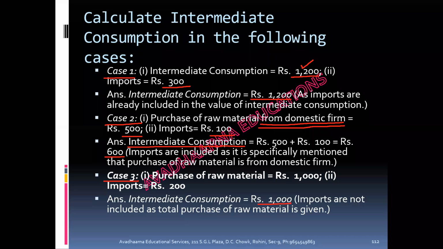थर्ड केस में बेटा परचेज ऑफ रॉ मटेरियल दिया हुआ है, ठीक है, और इंपोर्ट्स दिए हुए हैं. तो परचेज ऑफ रॉ मटेरियल, क्योंकि इसके अंदर फ्रॉम डोमेस्टिक फर्म्स नहीं लिखा हुआ, तो what we will say that 1000 के अंदर we have to mention, if we have to consider this import, we have to mention that imports are not included as total purchases of raw material is given.